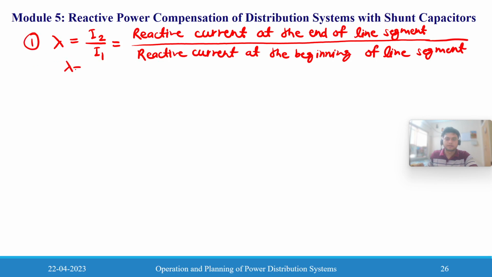So lambda equal to 1 means lumped or concentrated loads. Lambda equal to 0 means uniformly distributed load.